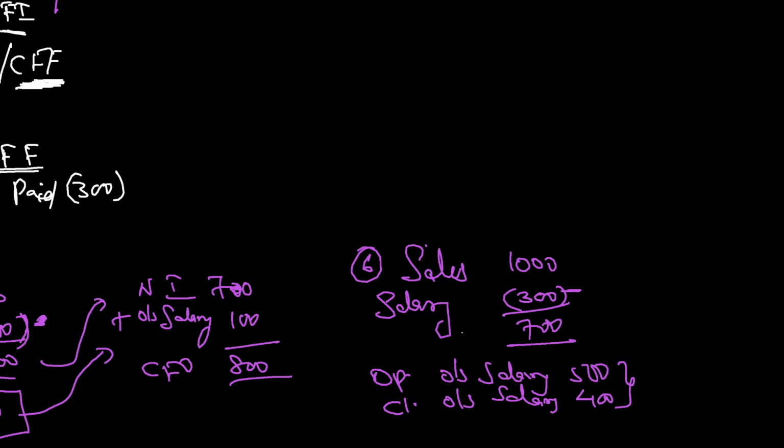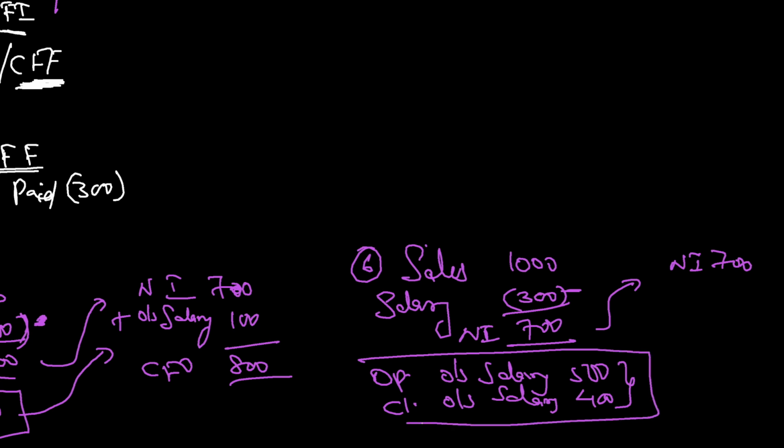So that means my net income is showing 700. However, now when I look at this balance sheet, I get to know that I have paid more. I have paid last year's salary as well, 100. So minus salary paid.